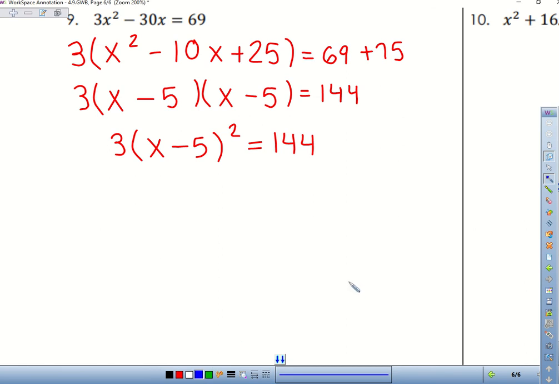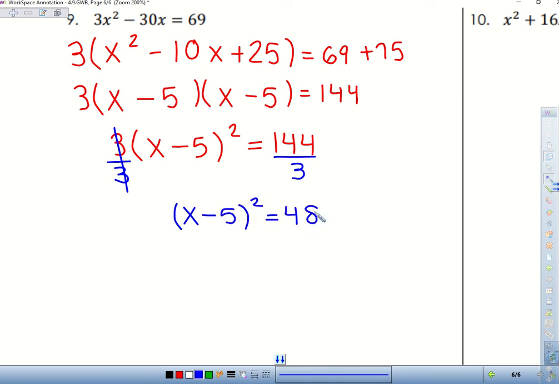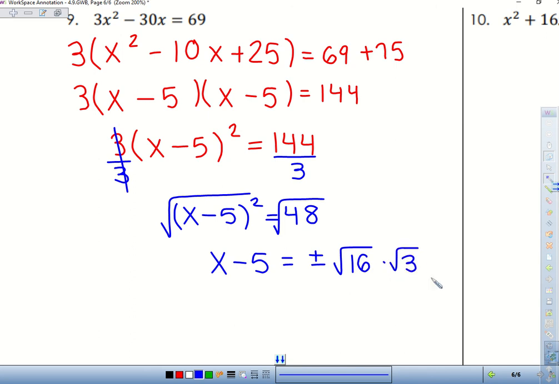Alright, so now we want to get solutions for x, so how would we do that here? Divide by 3. Then what? Square root. This breaks up into the square root of 16 times the square root of 3.